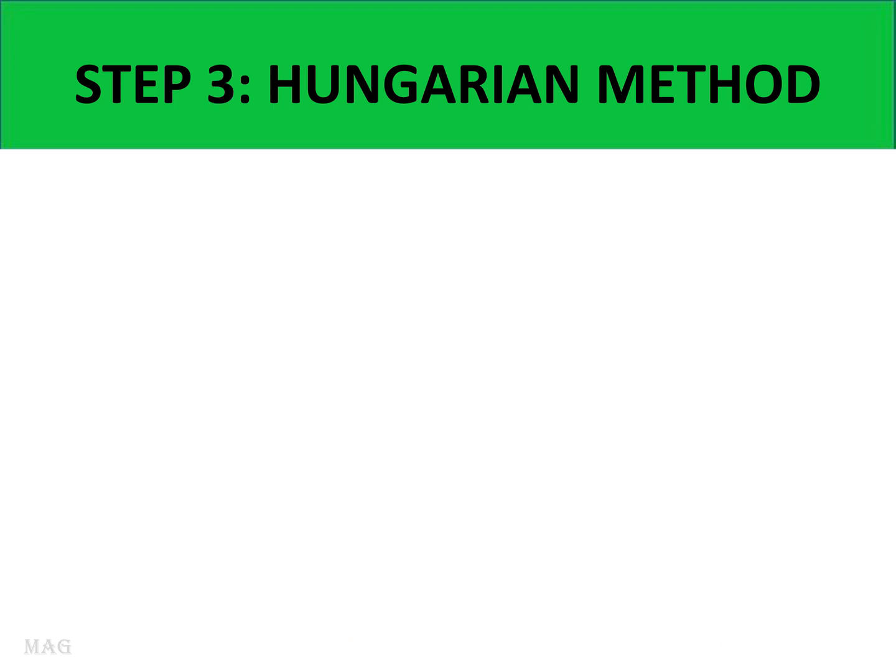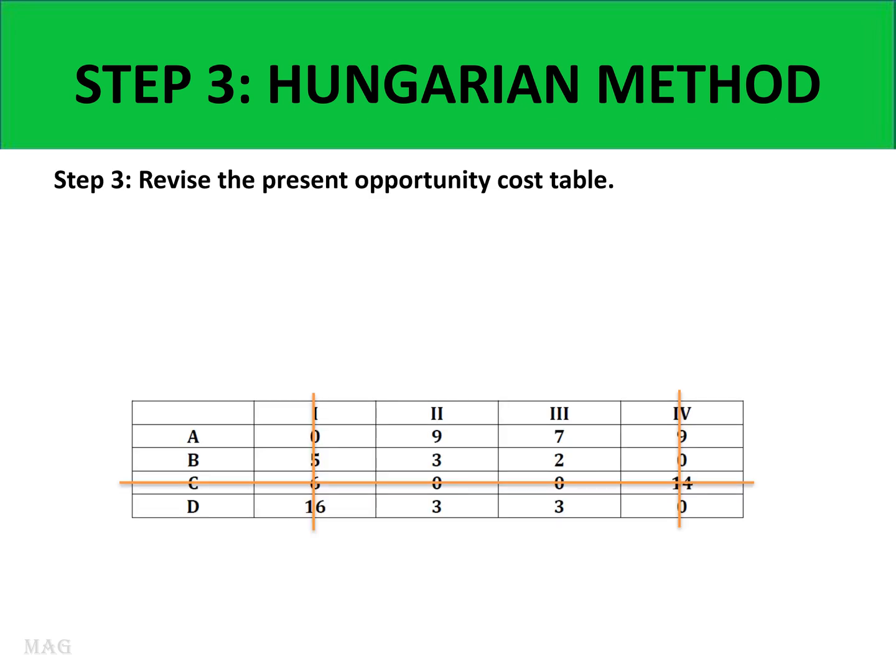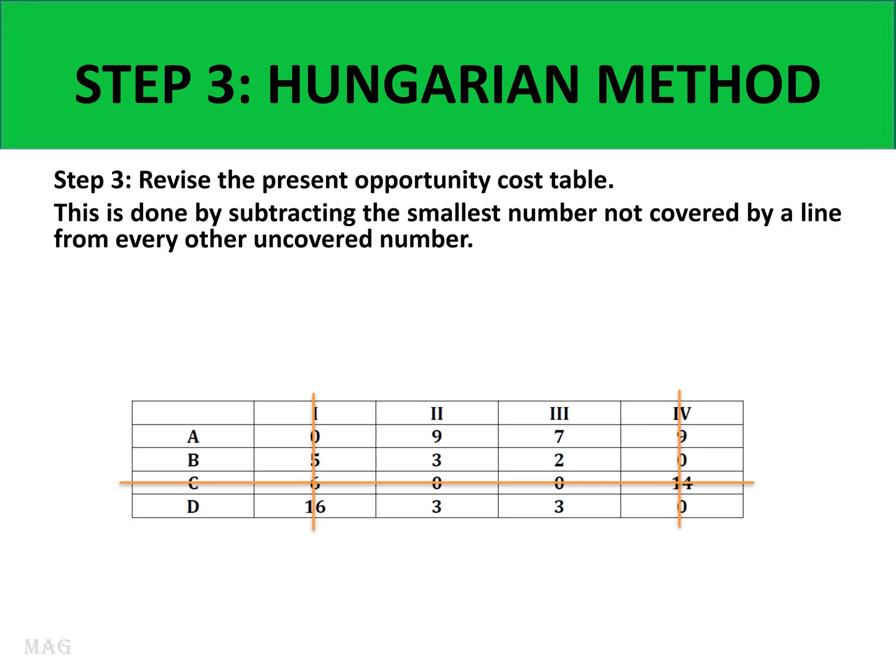Since the opportunity cost table in step 2 did not provide an optimal solution, we need to revise the present opportunity cost table. This is done by subtracting the smallest number not covered by a line from every other uncovered number. The smallest number is 2, so we need to subtract it from 9, 7, 3, 2, 3, and 3.